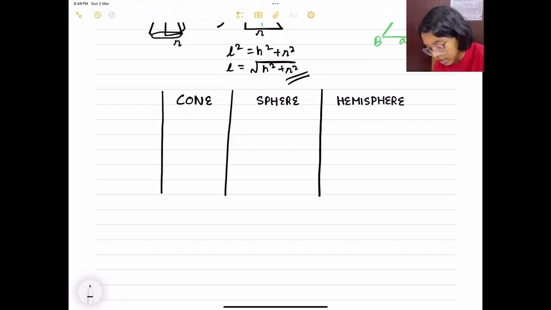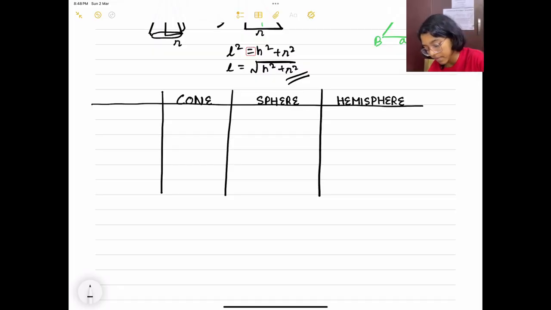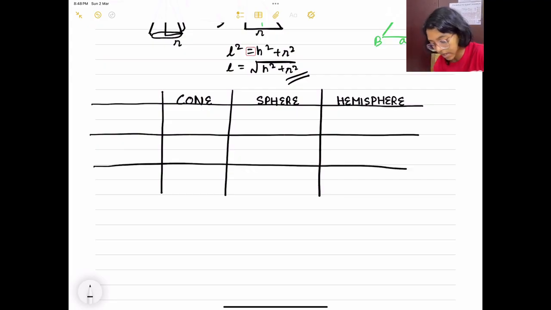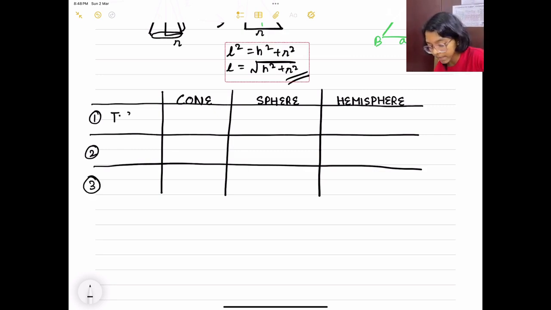Let's make a proper thing. First thing, we'll know the total surface area, TSA. Then we'll know the curved surface area, CSA, or LSA.